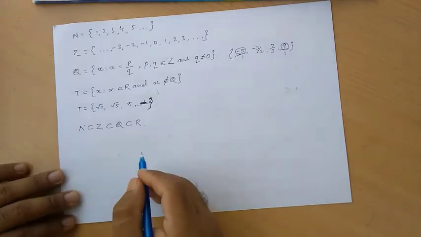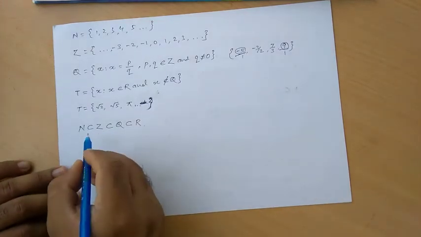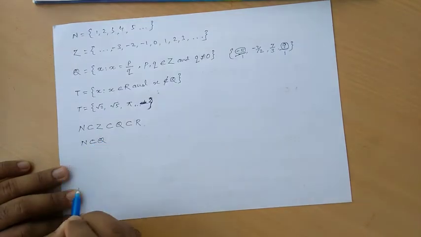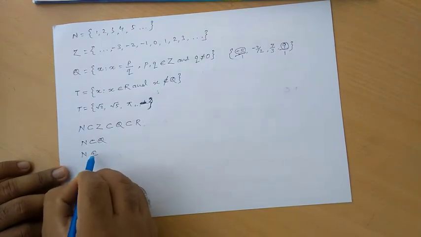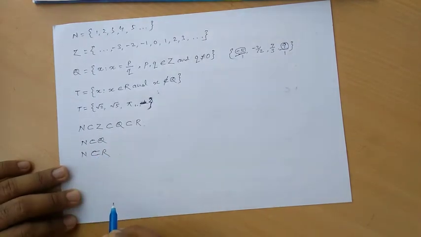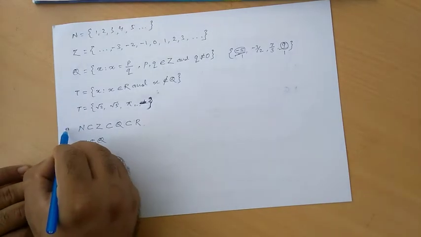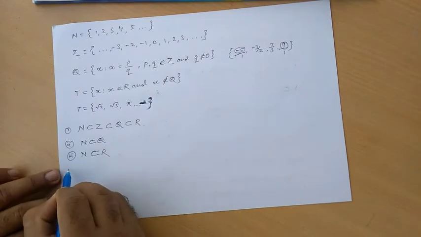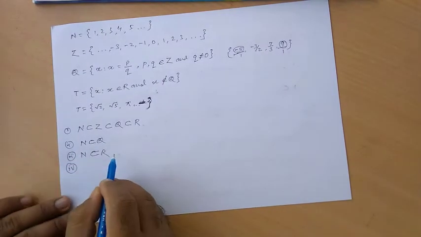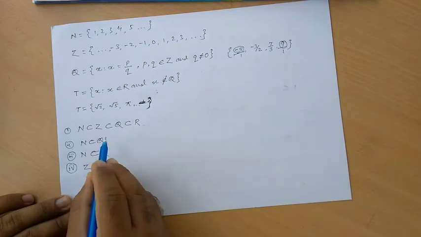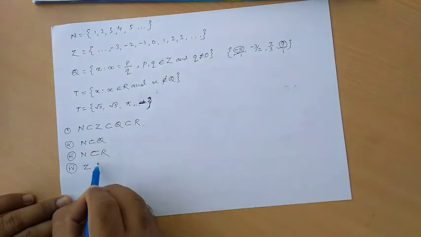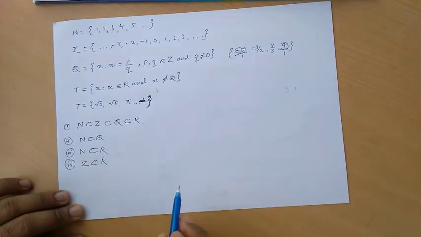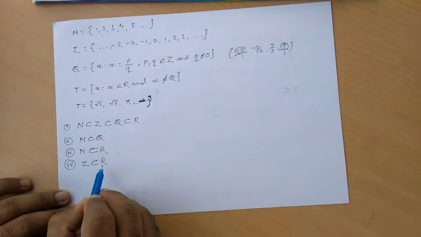And we can also conclude that N is a subset of Q, and also N is a subset of real number. This is one, this is second, this is third point, and what we can conclude is Z is a subset of Q and subset of R. Z, that is integer, is also a subset of real number.